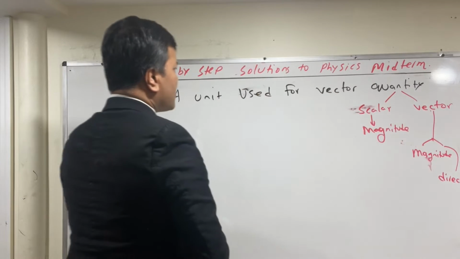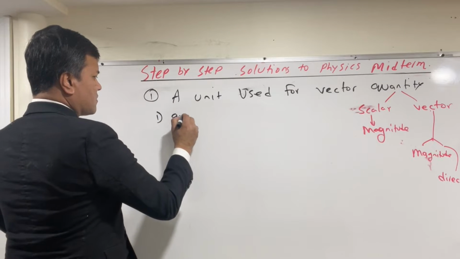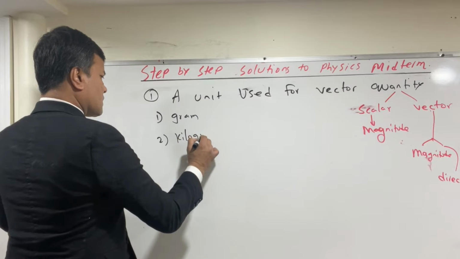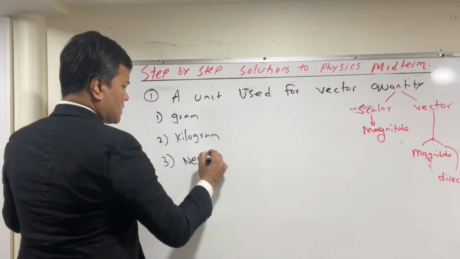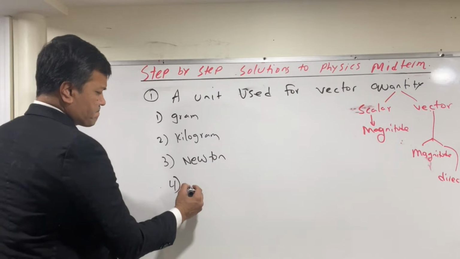All right, so I gave you four options. Number one, a gram. Number two, kilogram. Number three, Newton. And number four, second.